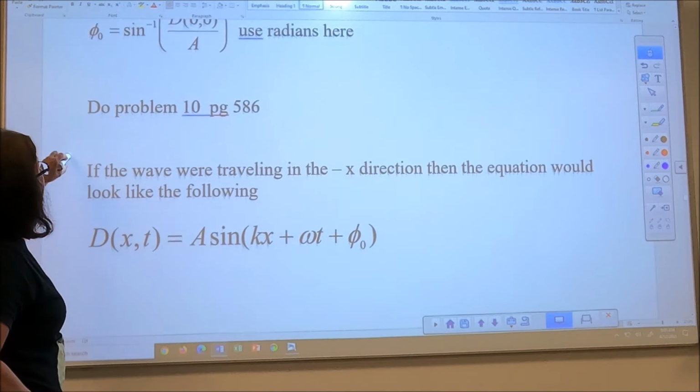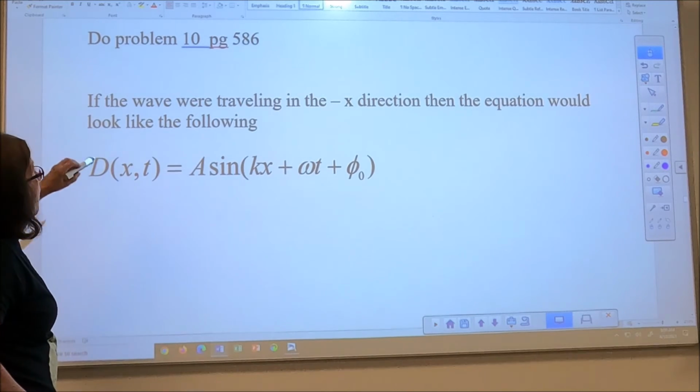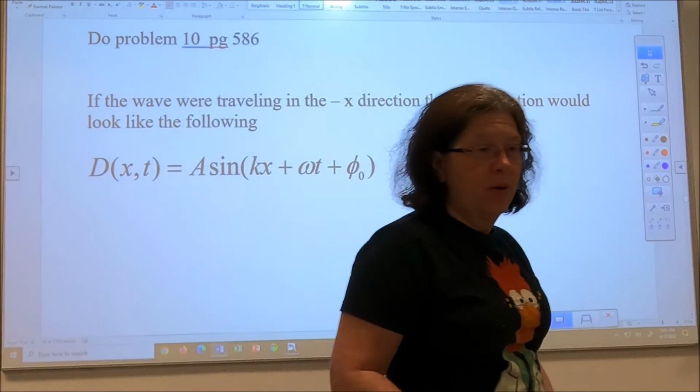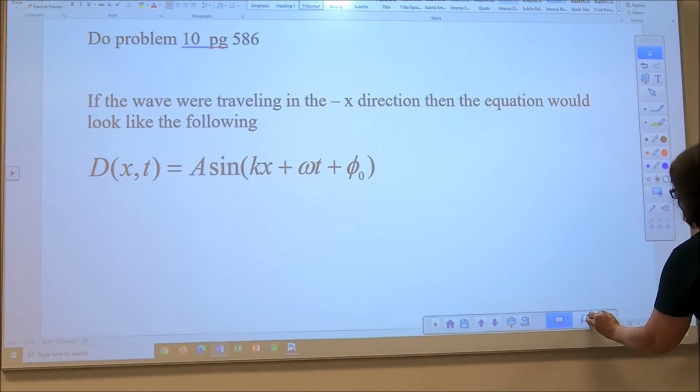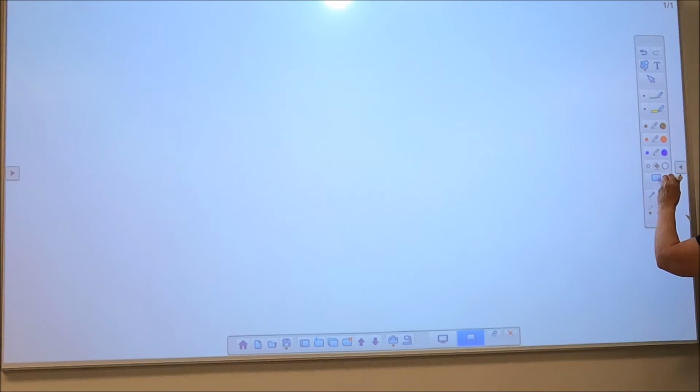Now, let's look at problem 10 on page 586 in the textbook. Let me go over to the whiteboard. Problem 10 says, a wave has an angular frequency of 30 radians per second.